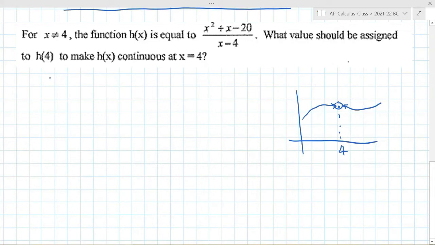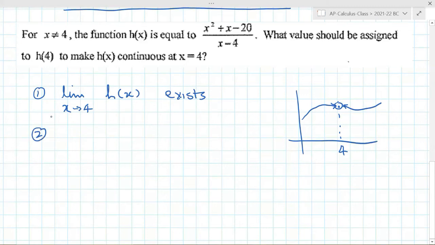The tests for continuity are, there are 3 checks, right? 1, the limit as x tends to 4 of h of x exists, right? Number 2, h of 4 exists.